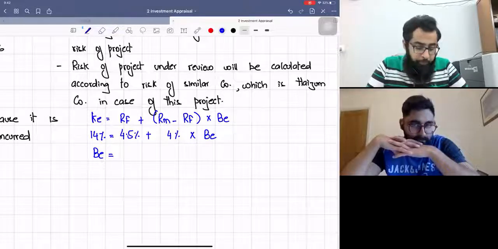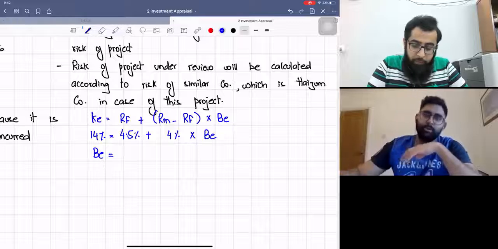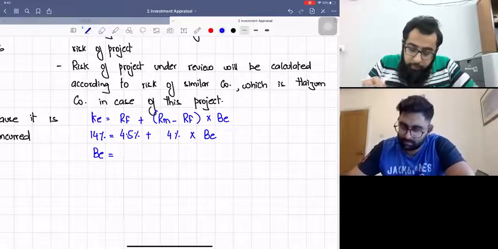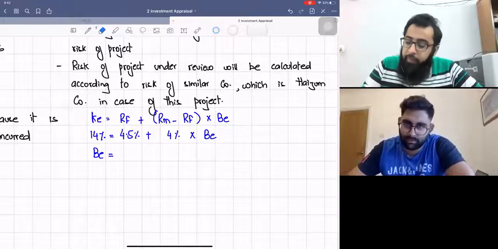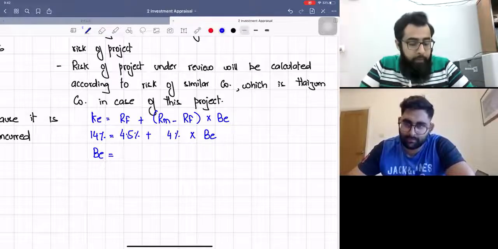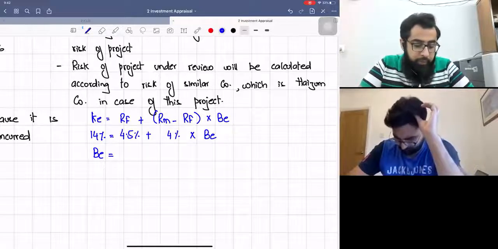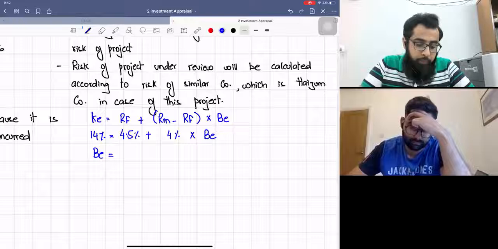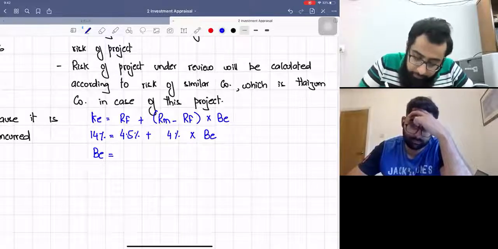So 14% divided by 8.5%? 14 minus 4.5... Okay, I did something wrong, I think.